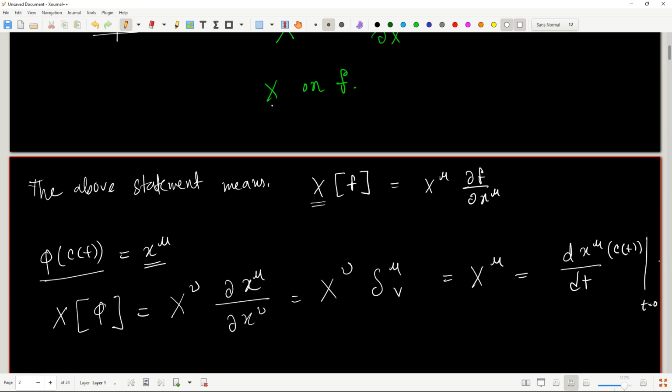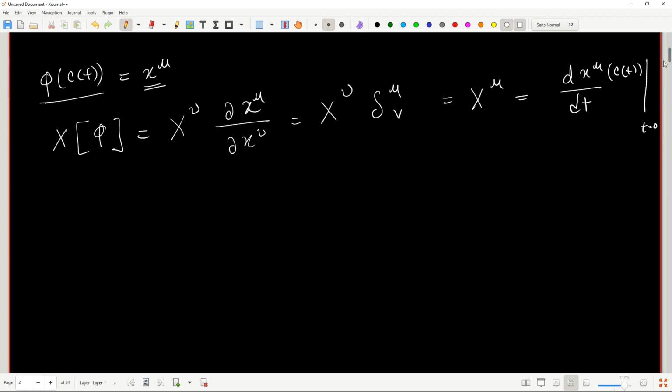Now let's get back to some other things, and this is going to help us to define something called a tangent space.